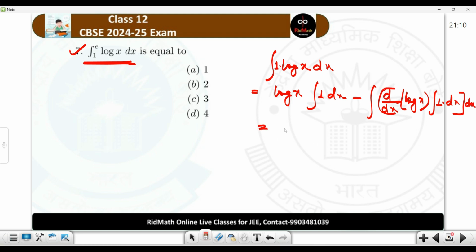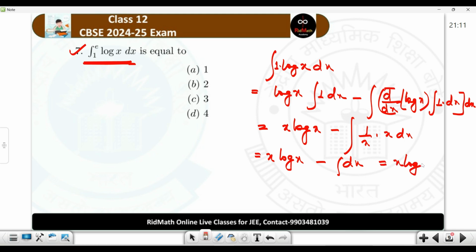So this is x log x minus integration 1 by x into 1 integration 1 dx is x and dx. This is x log x minus integration dx, that means x log x minus x. So after integrating log x we are getting x log x minus x.